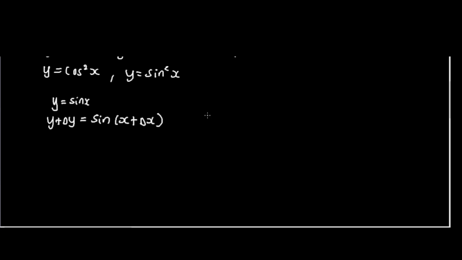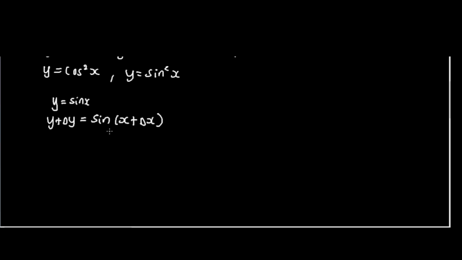Take note here that we add the change in x to the x variable. So it should not be sin x plus change in x, this is completely wrong. Rather it is y plus change in y equals sin of (x plus change in x) in brackets. Let's proceed.